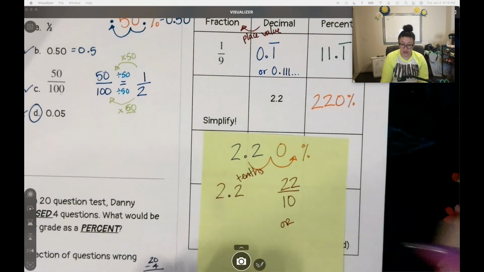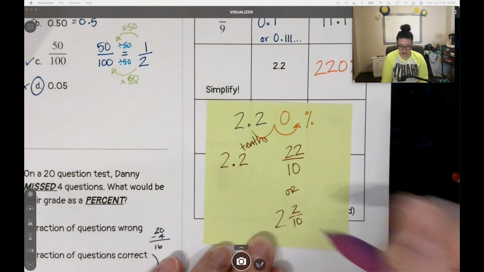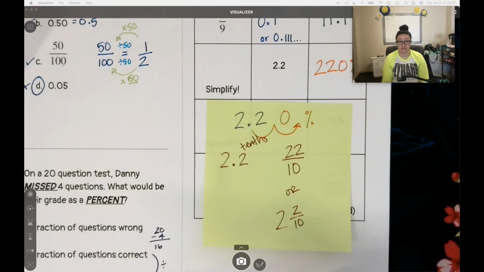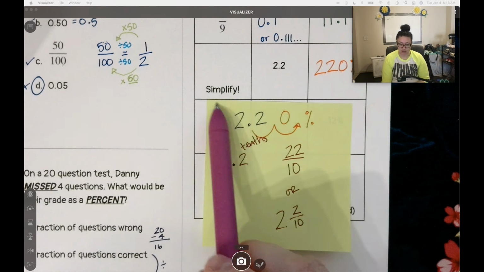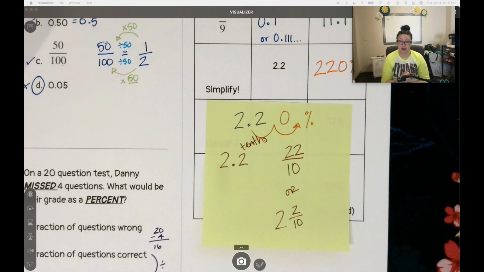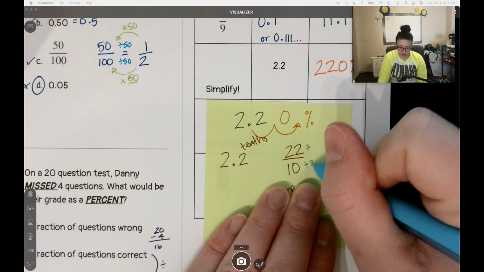Or if this was a mixed number, it would be 2 and 2 over 10. It just depends if they're looking for the fraction or the mixed number. So again, you're going to want to look to see instructions. 2 and 2 tenths. I want to make sure I can simplify my fraction. 22 over 10, those can both be divided by 2.